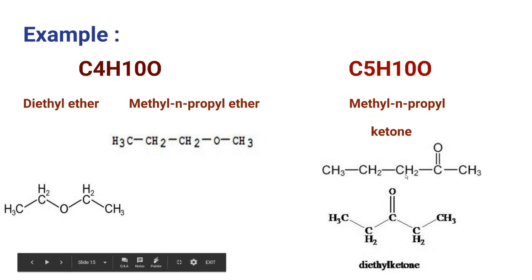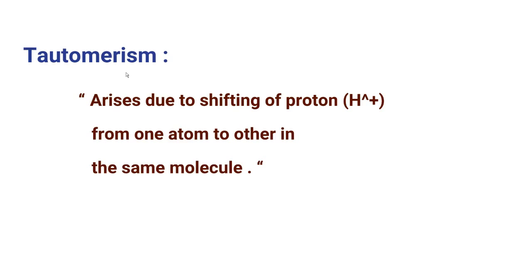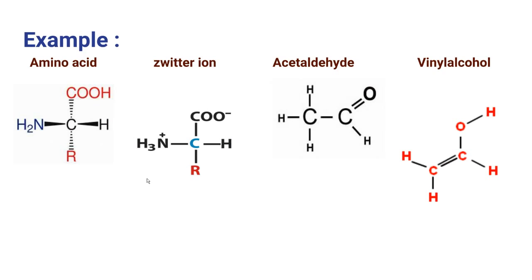They are exhibiting metamerism. Now let's see what tautomerism is. This type of isomerism arises due to the shifting of a proton, that is H positive ion, from one atom to the other in the same molecule. For example, this is amino acid and this is zwitterion.